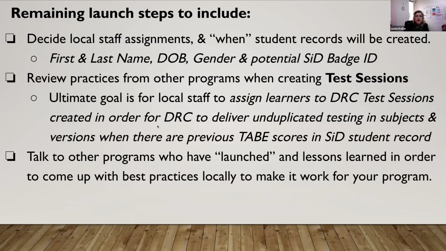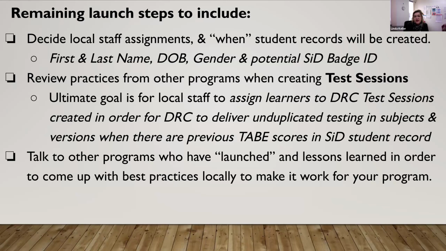All right. So the rest of the launch steps, and these are things that I've talked regularly about with programs that they need to consider. Because TABE Online is another data system, you need to be able to create student records in their system in order to deliver tests.